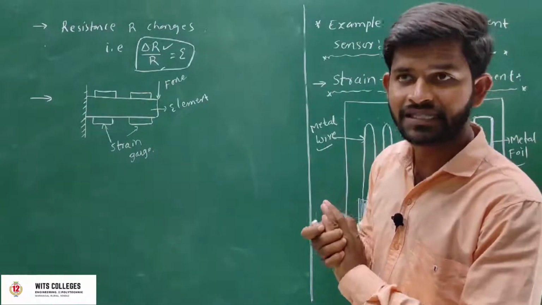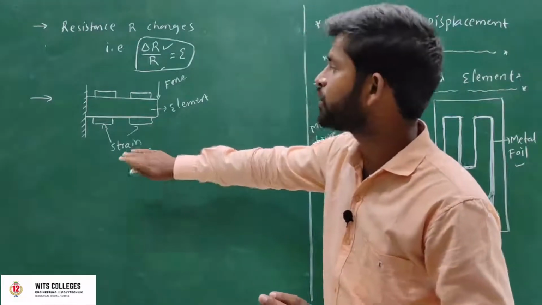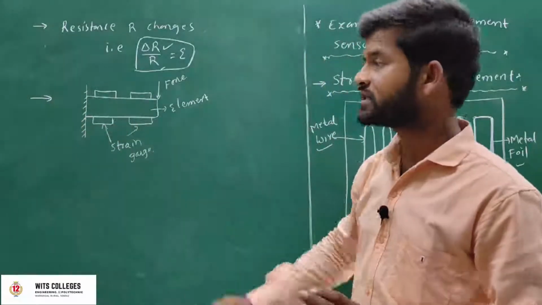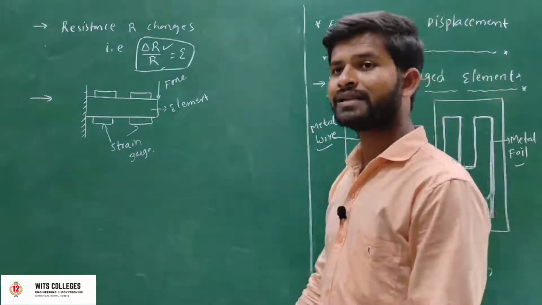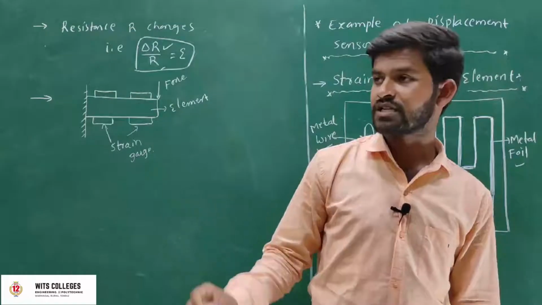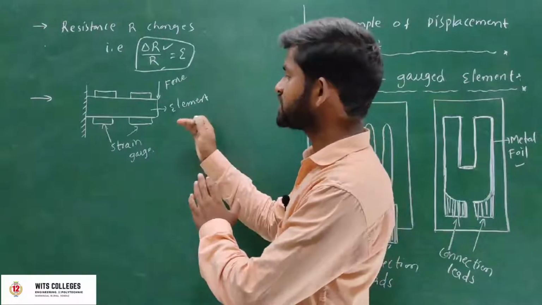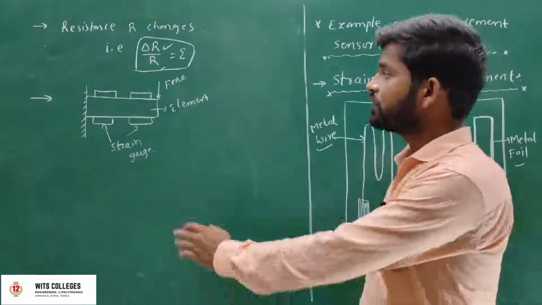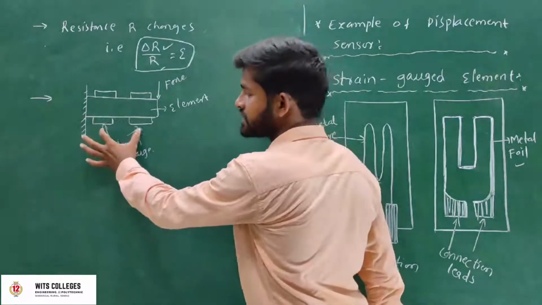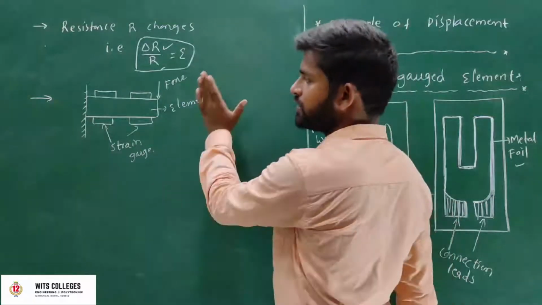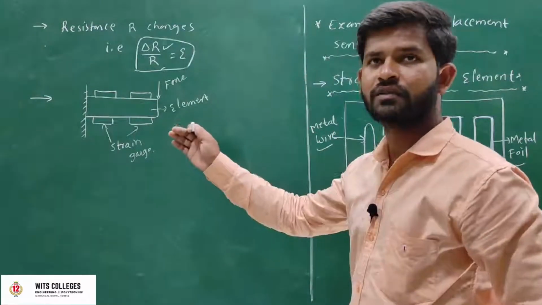The electrical resistance strain gauge is mounted on this element. When strain develops, the resistance changes, which can be monitored. When the force is applied, the length of the element will be strained along with the strain gauges, and the resistance will change.